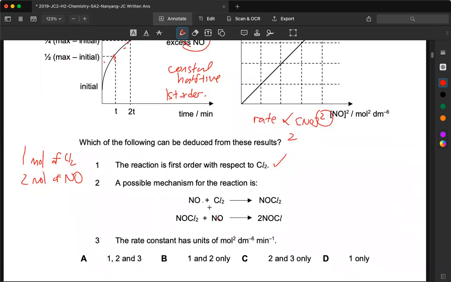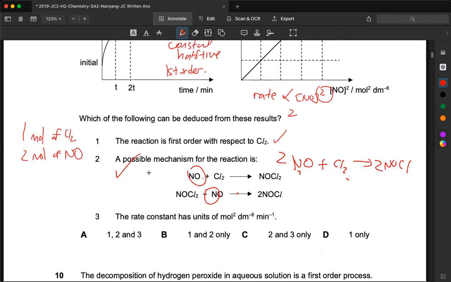Yes, if you combine the equation, it's 2 molecules of NO. So it will be NO2 plus Cl2. If you combine these two, this one cancels off. So it's 2, 1. The second step should be the slow step. Okay, so this mechanism is consistent with the rate equation. Nothing wrong. So this is correct.